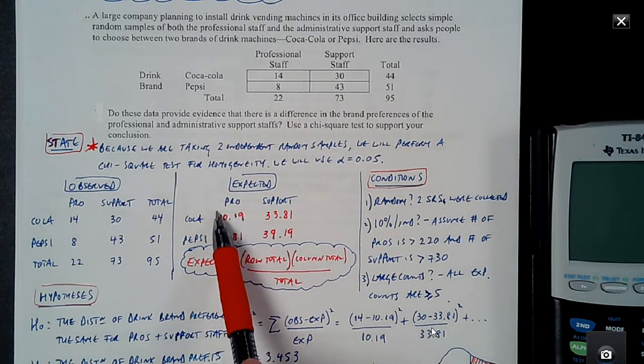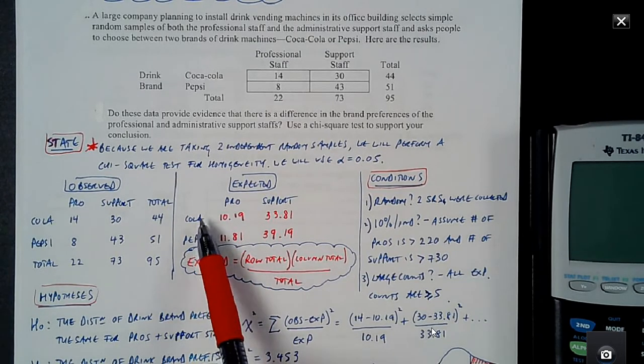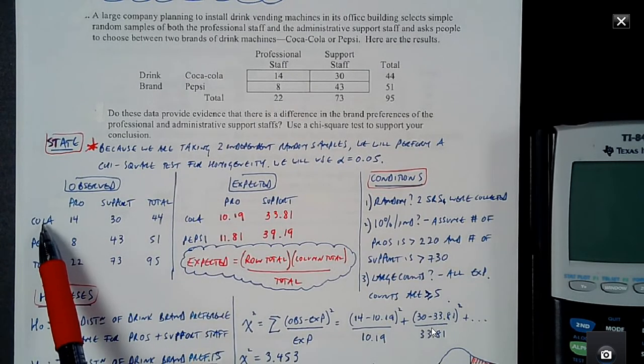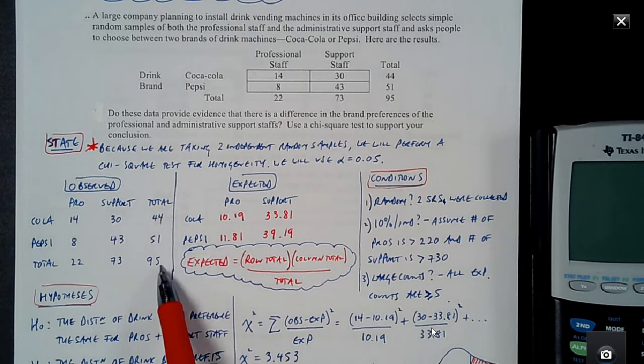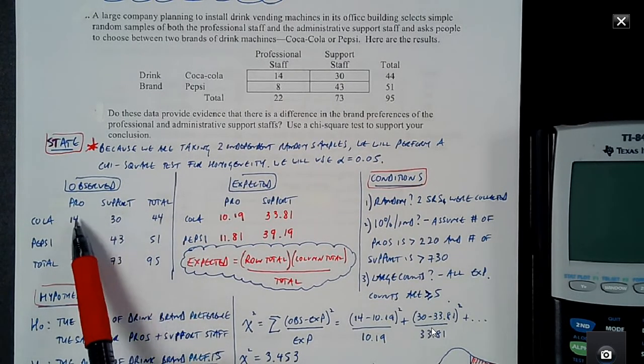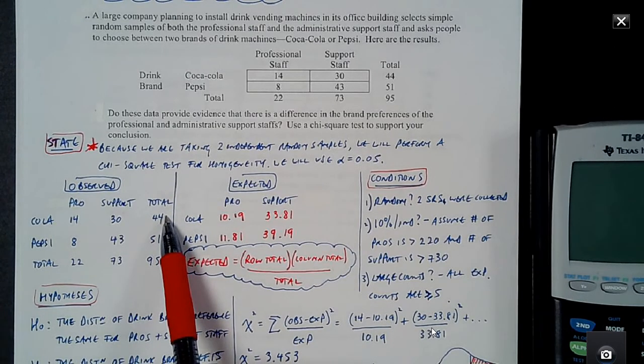If I was going to figure out the expected number for the professionals who chose cola, well, the probability of picking someone who chose cola would be 44 out of 95. So it doesn't matter whether they're professionals or support staff. 44 of those staff members are going to choose Coca-Cola out of the 95.